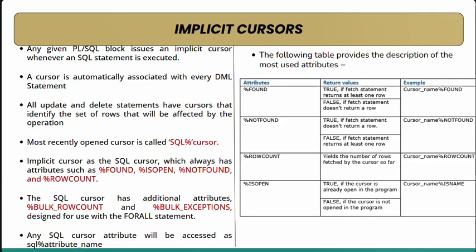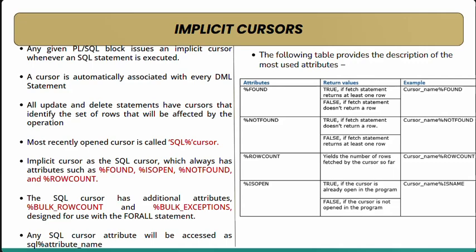All update and delete statements have cursors that identify the set of rows that will be affected by the operation. The most recently opened cursor is also called the SQL%cursor. The implicit cursor is the SQL cursor, which always has four important attributes: found, is open, not found and row count.